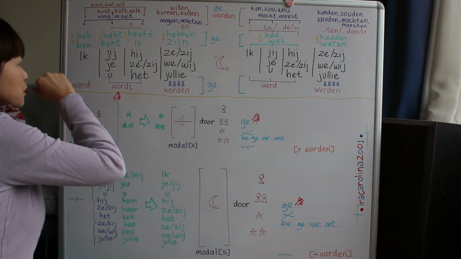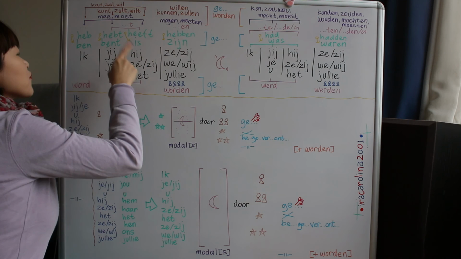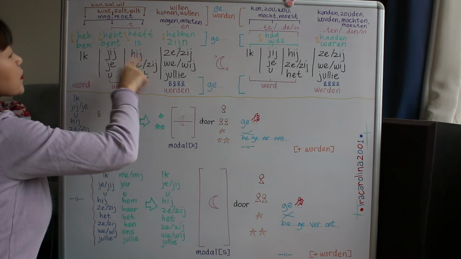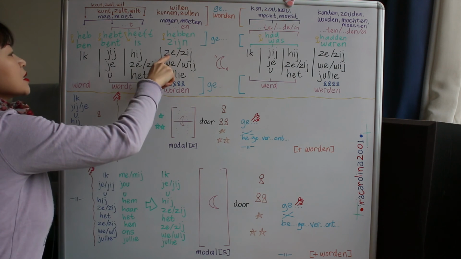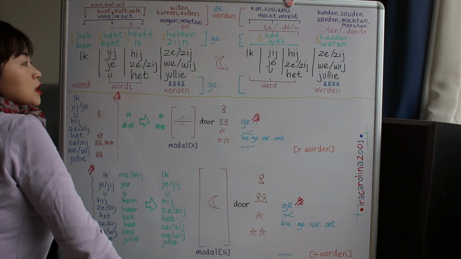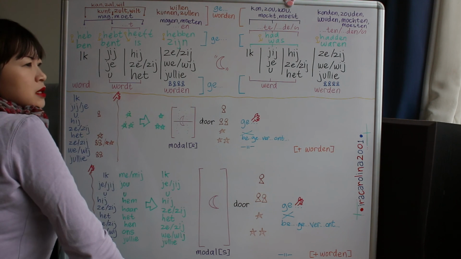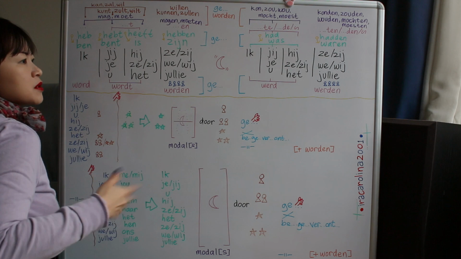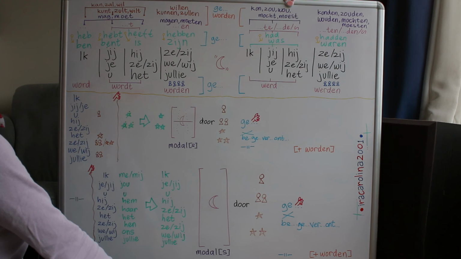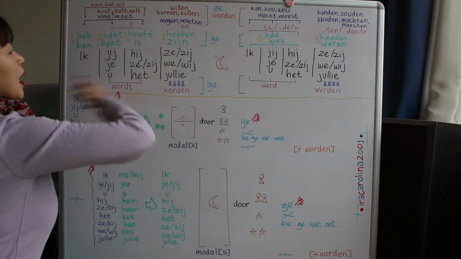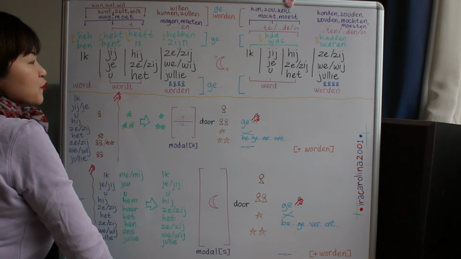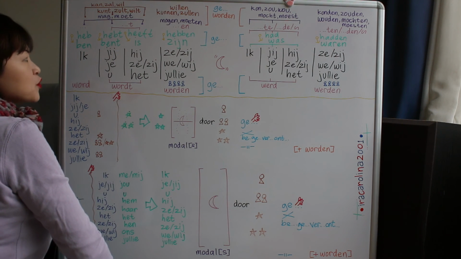We have he, hij, ze, zij, she, het is it, and ze, zij, they, we, wij, and you guys, for you but more than one person. This part is for present time. This part is for the past time or the previous time.